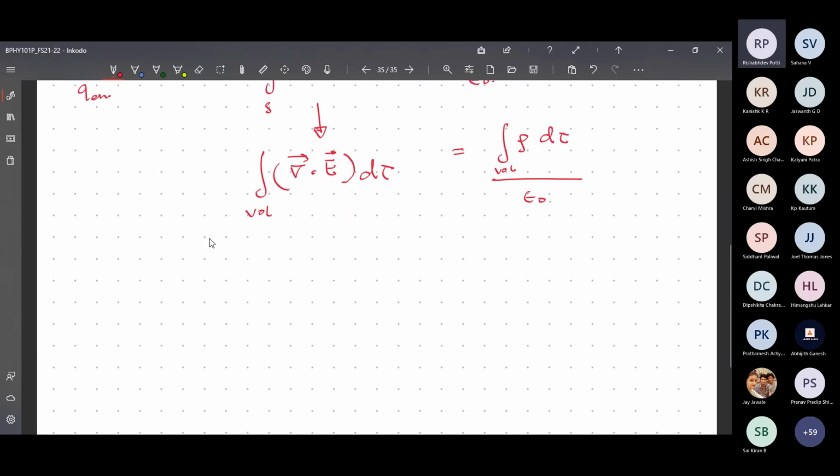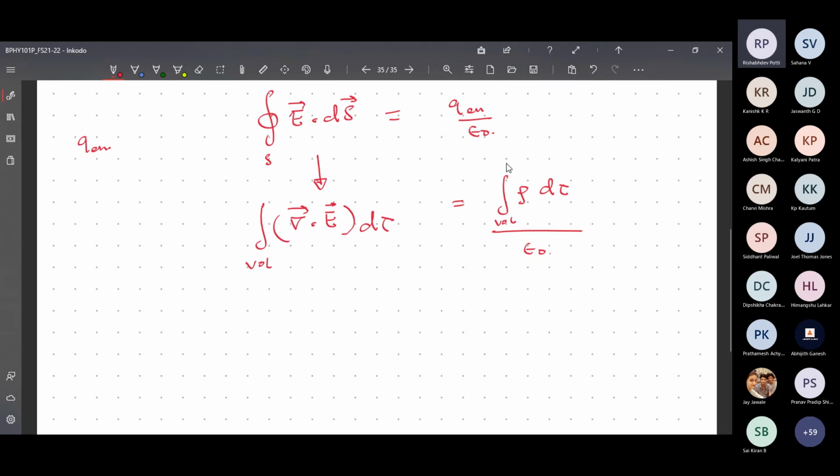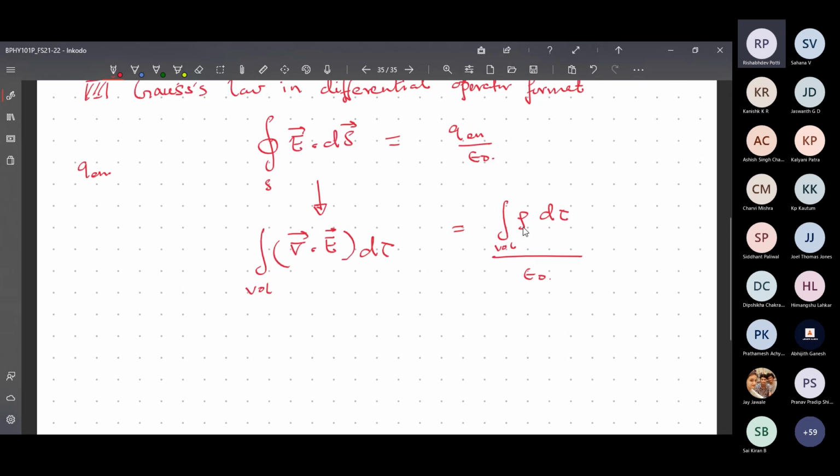Is it clear for everybody? This rho is the charge density. So charge density into volume is the charge, like mass density in the volume is the mass. Now symbolically, again it is a qualitative way, the proofs are much more rigorous. We don't want that, just symbolically look into this case and this case.